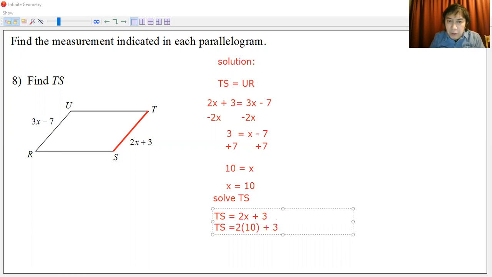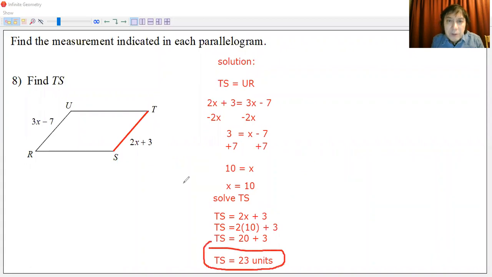So this is TS, and this will become 20. We will add the 3, and TS is equal to 23 units. This is 23 units. All right, this is a unit of length. Here's our answer.